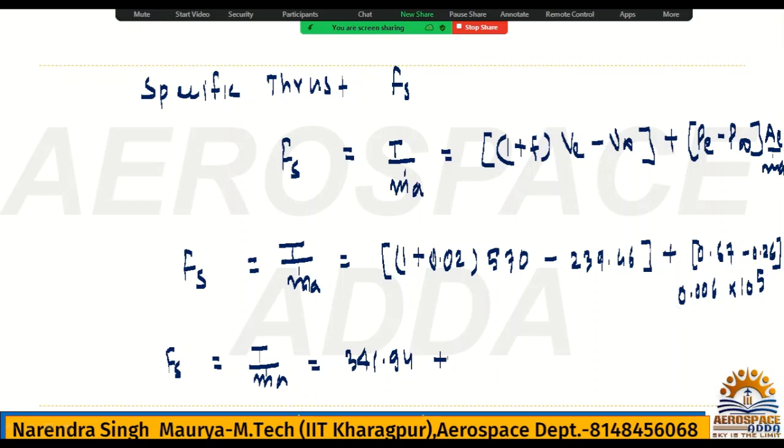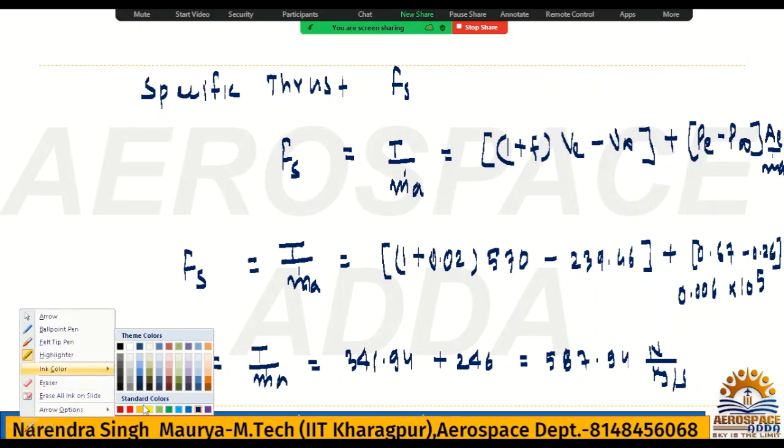So I will get 246. If you add this to 341.94, then it is nearby 587 in my calculator. Sorry, I'm doing it late because my calculator is old and I'm not able to go fast. You please cross check this. It's nearby 584, 583. The unit is Newton per kg per second. This is the answer. Maybe 584, 583, 587. It's nearby only, a little bit of variation you may have.